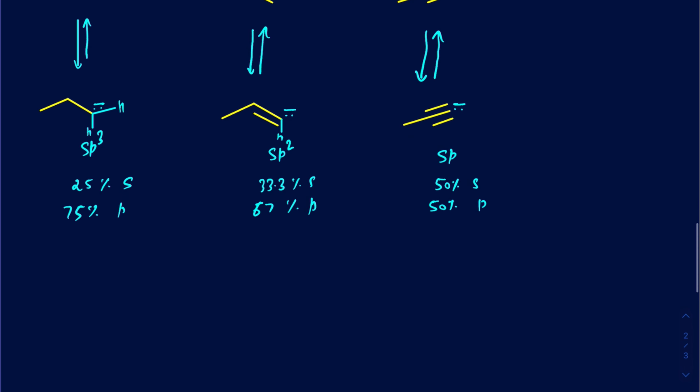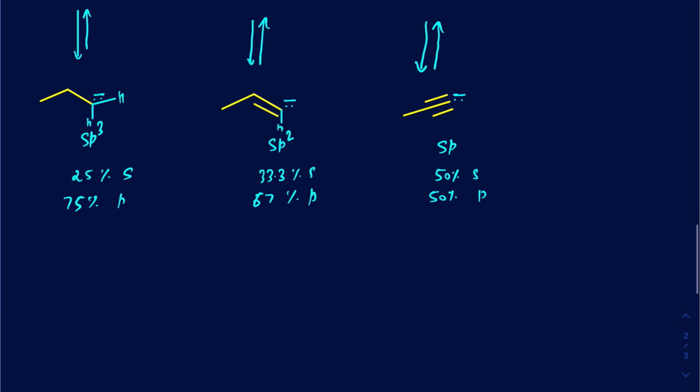And the nucleus is the one that really holds on to the electrons in this particular case. You can also say that an sp hybrid carbon is going to be more electronegative, even though we're really comparing the carbons here, but an sp carbon is more electronegative than an sp2, and that's going to be more electronegative than an sp3. And the reason is the same, that we have more S character.